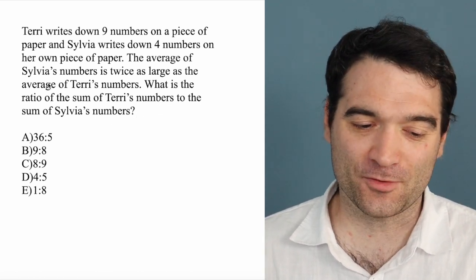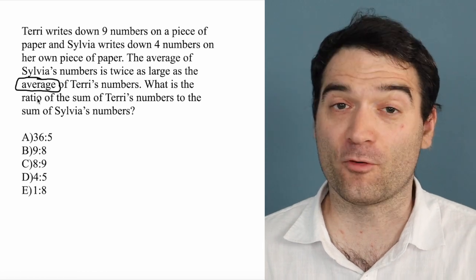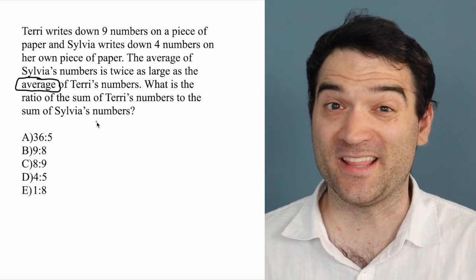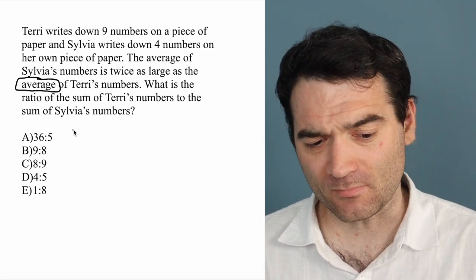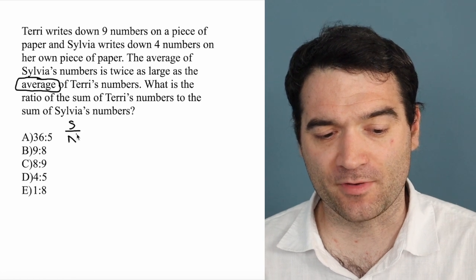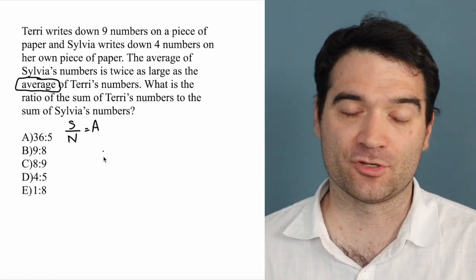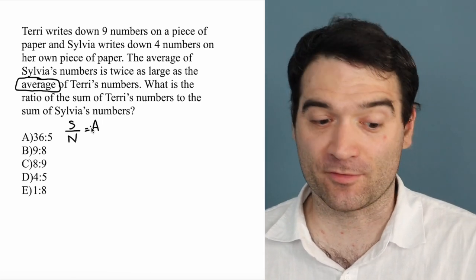All right, so first things first, we are dealing with averages. And a formula that's very important to know whenever you see the word average or mean is to write: the sum of numbers divided by the number of numbers equals the average. Now, in this case, it's a little more complicated because I have 2 people, 2 different lists.